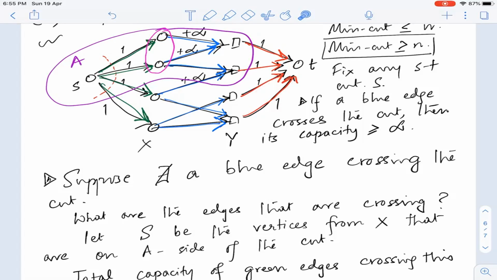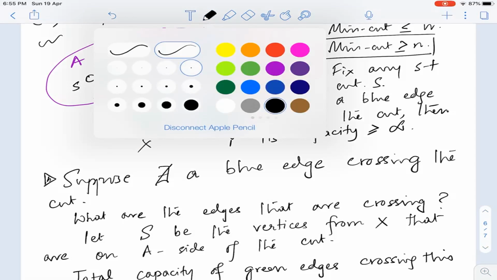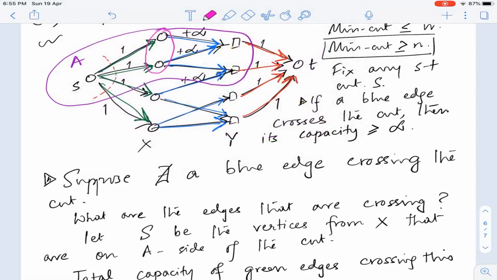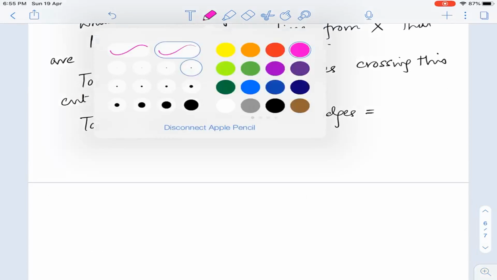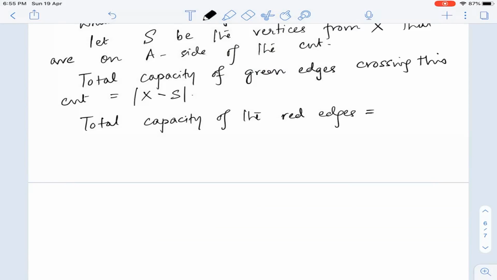The other red edges cannot cross the cut because they are already part of B, so they are not counted in the capacity of my cut. Let me also show this with some color. These are the vertices responsible for the red edges crossing the cut, and this is precisely the neighborhood of the set S that I have defined. So the total capacity of the red edges is exactly equal to mod of the neighborhood of S.